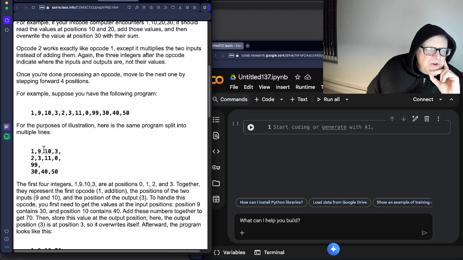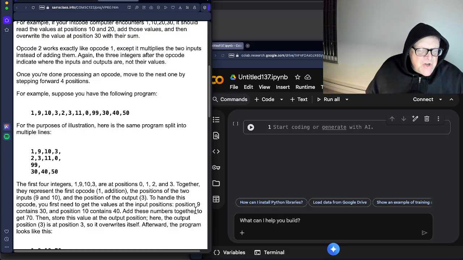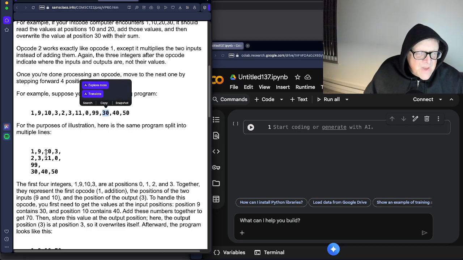And 1, 2, 3, 4, 5, 6, 7, 8, 9, 10 is 40, I think. Yep, position 9 contains 30. Okay, starting at 0: 0, 1, 2, 3, 4, 5, 6, 7, 8, 9. Location 9 contains 30. And location 10 contains 40.